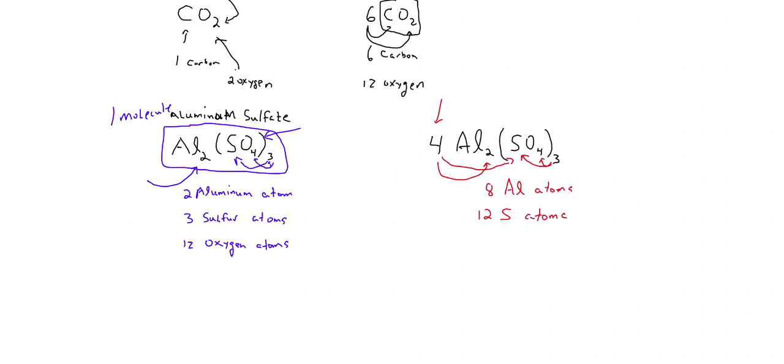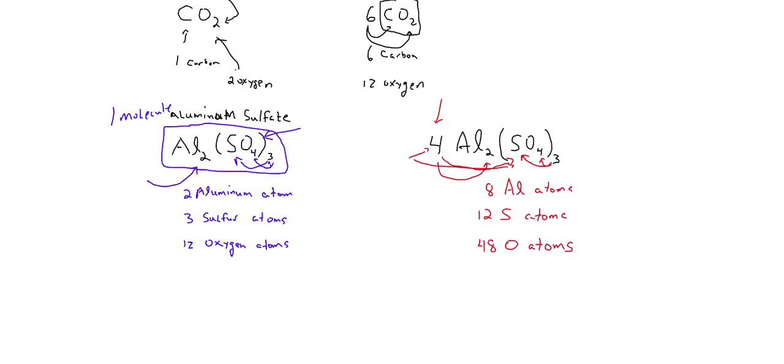But now we've got to multiply by 4, 4 times 12 is 48 oxygen atoms. So understand this kind of notation, we'll come back to it. When we cover chemistry, we'll be doing lots and lots of this stuff.